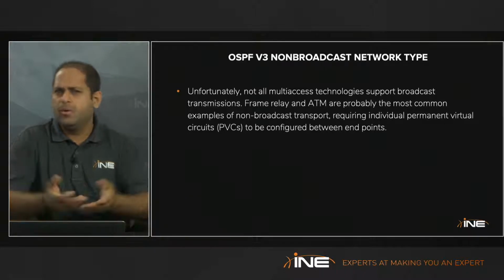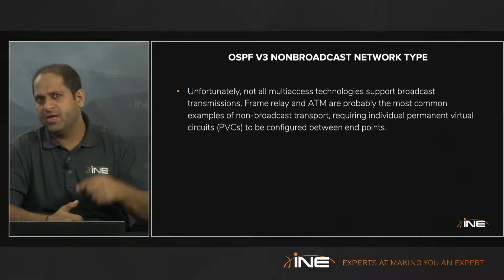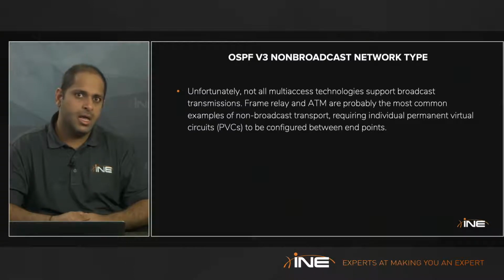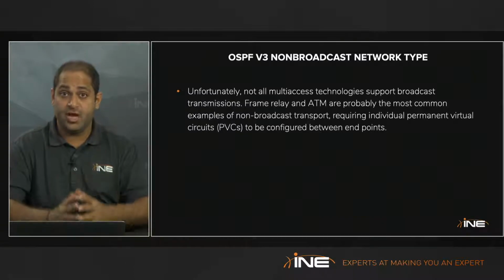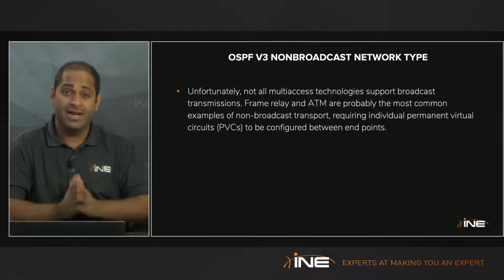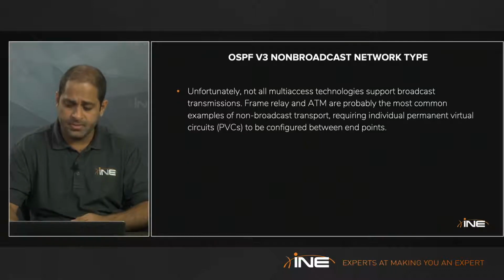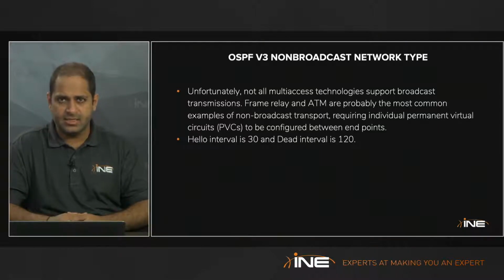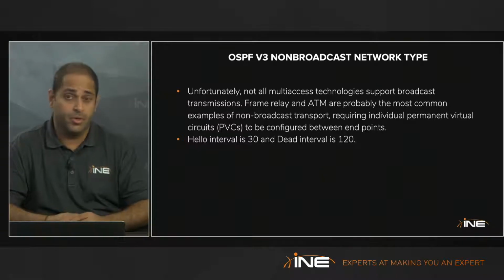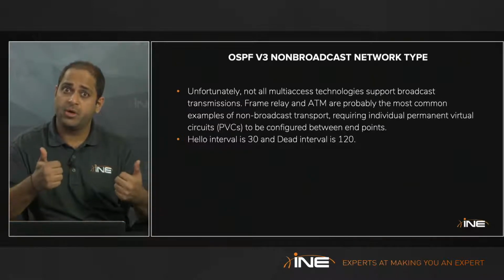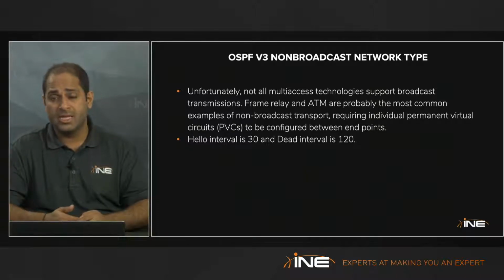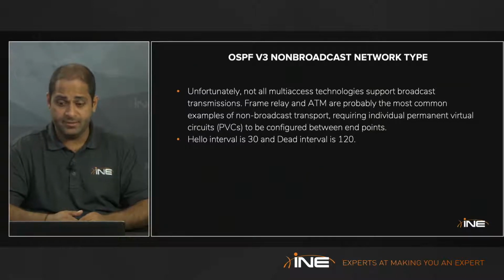We'll in fact see this when we actually configure this and verify if the address is going to be a link local or an actual global address. As far as the hello and dead is concerned, it is different from point-to-point and different from broadcast. Point-to-point and broadcast was 10 and 40. Non-broadcast is 30 and 120.